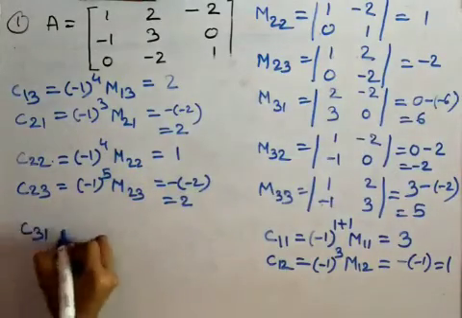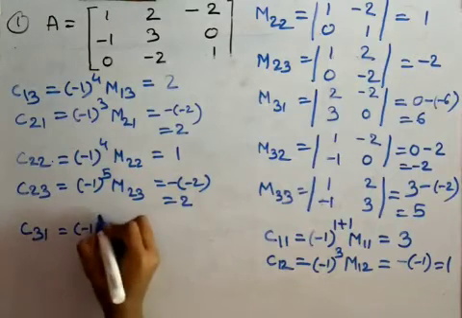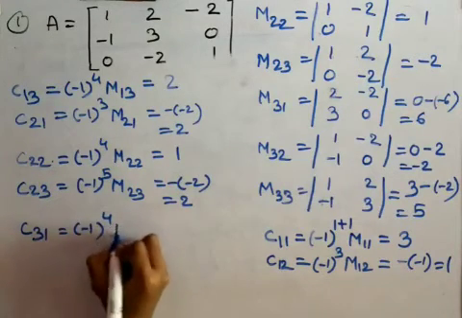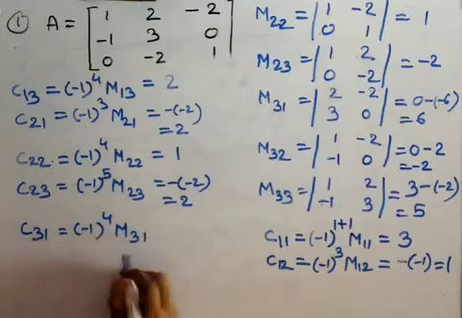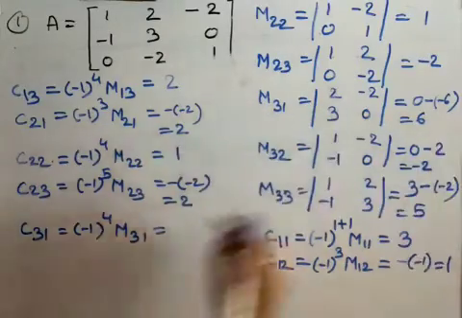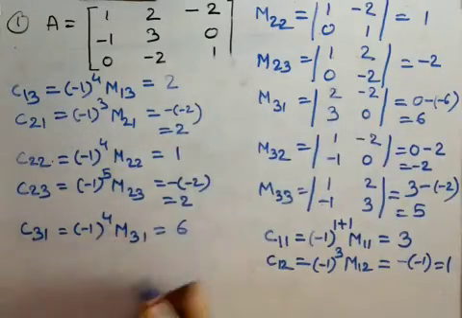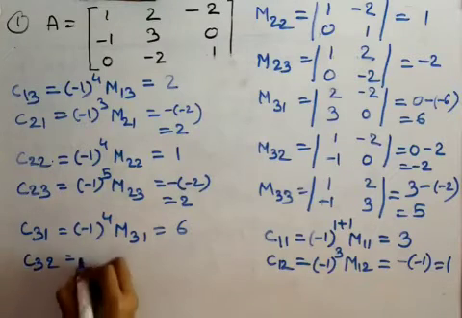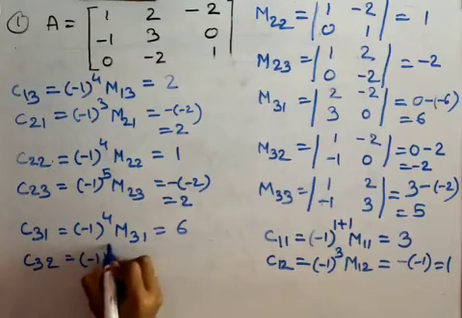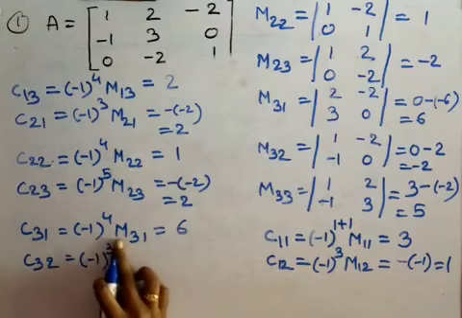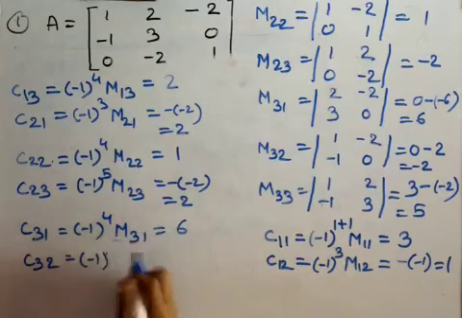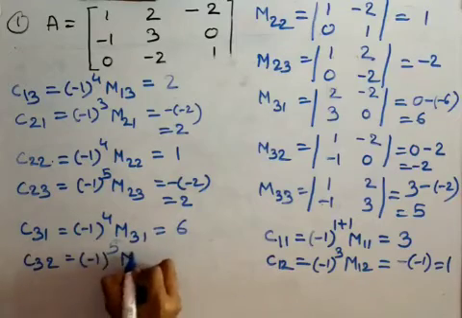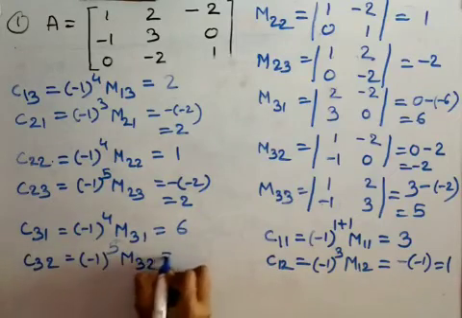Next, C31. The formula becomes minus 1 raised to 4 into M31. M31 is 6 and minus 1 raised to 4 is plus 1. So the answer is 6. C32. The formula will become minus 1 raised to 5 into M32.